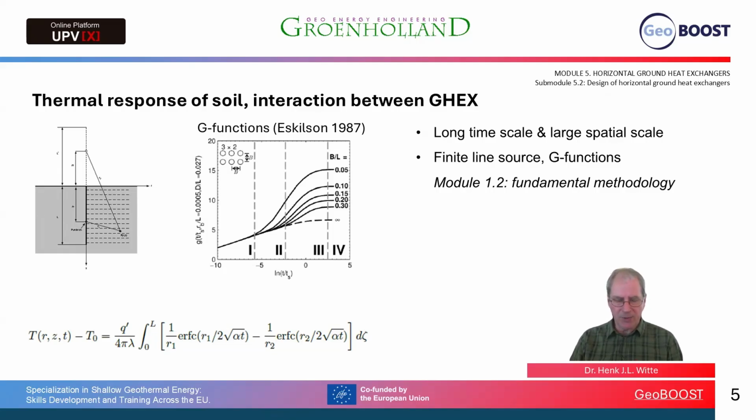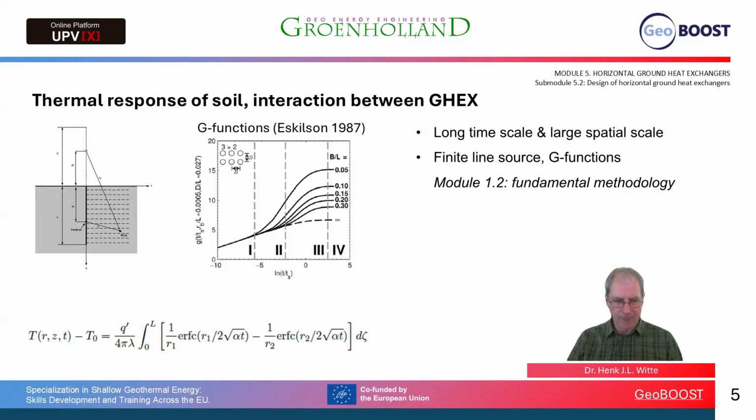The basic methodology that was developed is based on the finite line source. To speed up computations, the finite line source is used to calculate a characteristic function for a borehole field, the so-called G function.